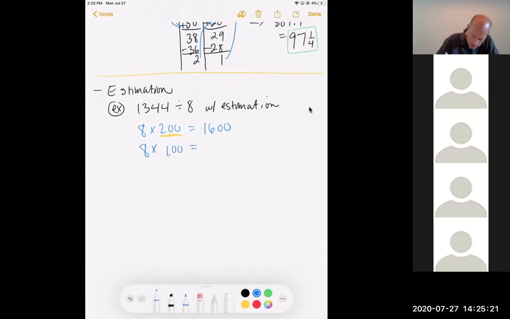Could it be like 150? Right. So if we go down a little bit by 8 times 100, we get 800, which is too small. Okay, so this one right here is too big. So we know that our answer is between 100 and 200. And so one suggestion was 8 times 150.